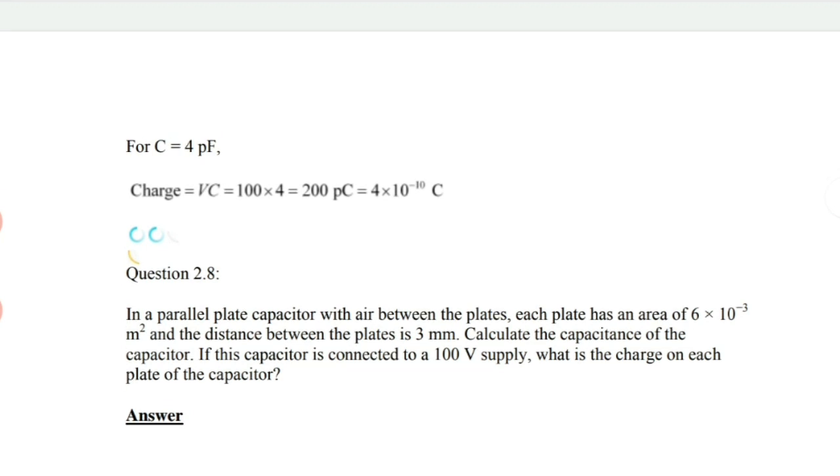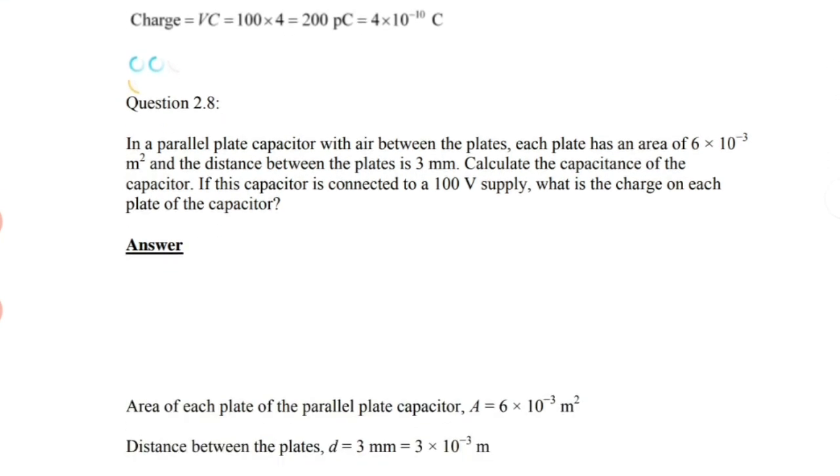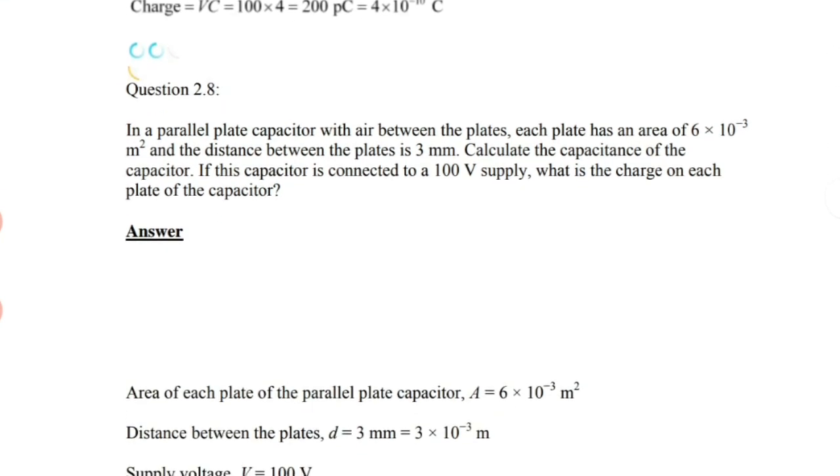Easy questions. Now coming to exercise question 2.8. In a parallel plate capacitor with air between the plates, each plate has an area 6 × 10^-3 meter square and the distance between the plates is 3 millimeter. Calculate the capacitance of the capacitor. Which equation to use? Epsilon 0 A by D. And if this capacitor is connected to 100 volt, what is the charge on each plate?